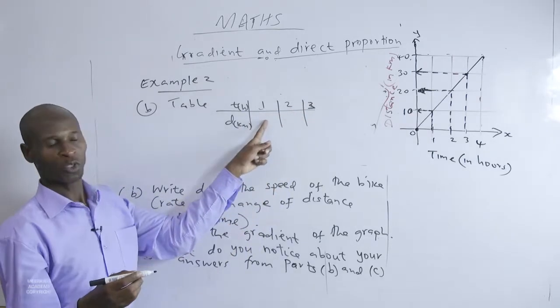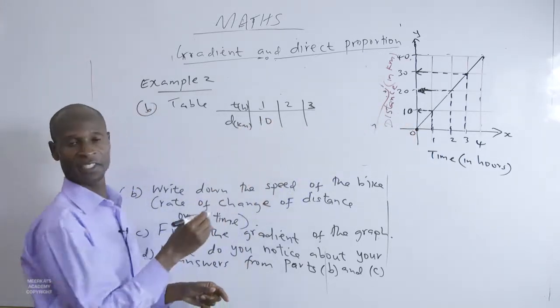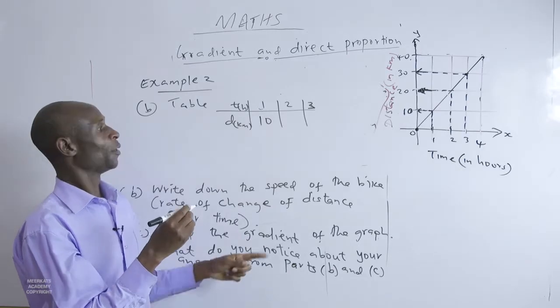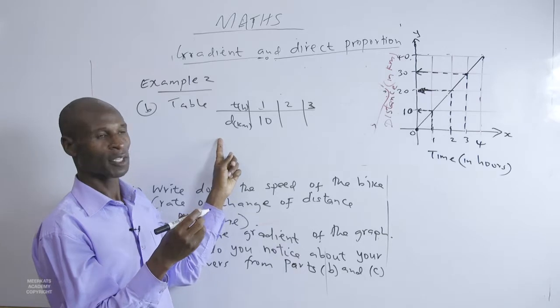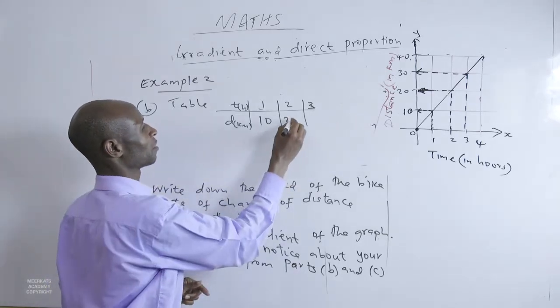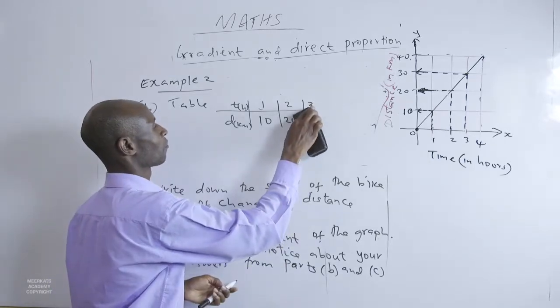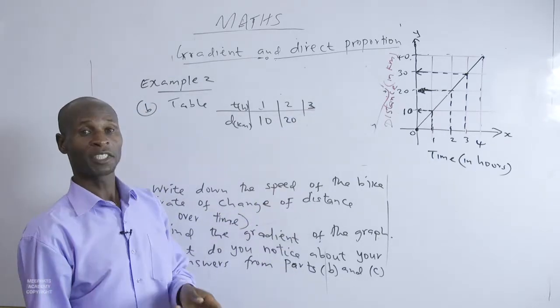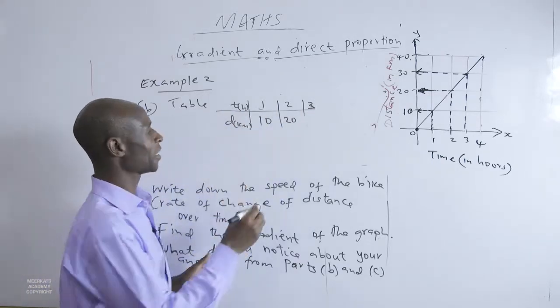When time was 1, we identified from the graph the distance is 10 kilometers. When the time was 2 hours, the distance traveled was 20 kilometers. When time was 3 hours, the distance traveled from the graph is 30 kilometers.